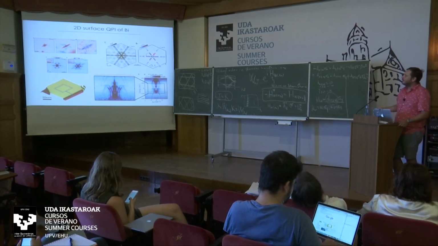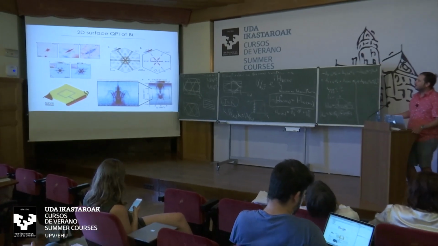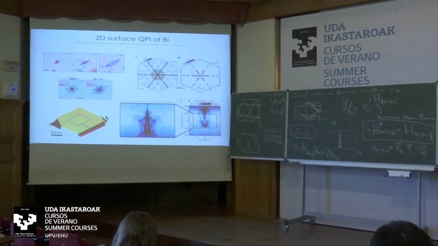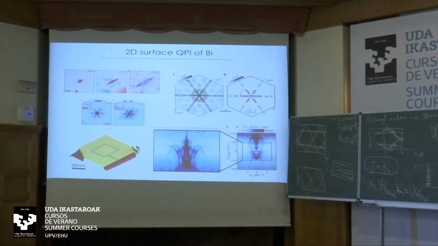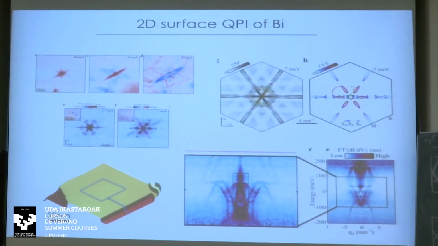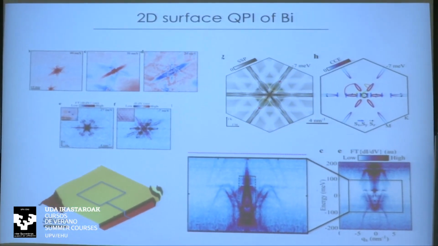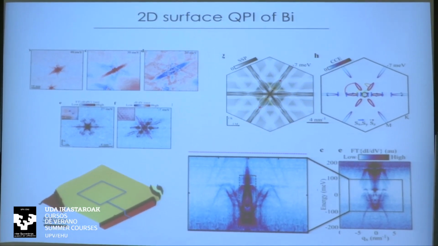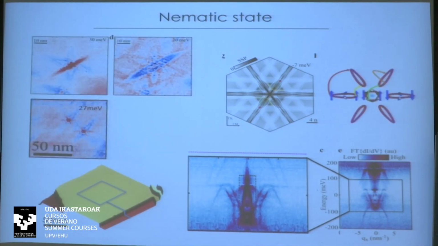This is this orange arrow, which generates these orange ellipses around the center of the Q space that we measure. So this is nice. We can see kind of a more complete image of the band structure of the surface of bismuth. But now let me focus on the strange things that we see in this image.